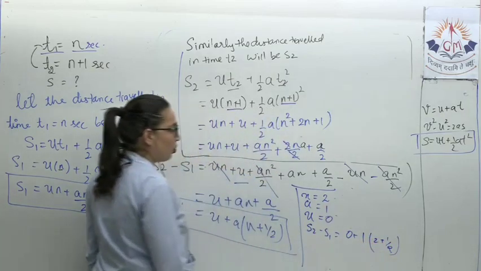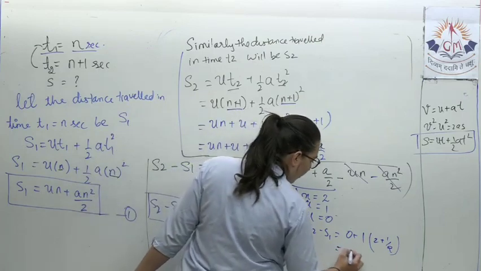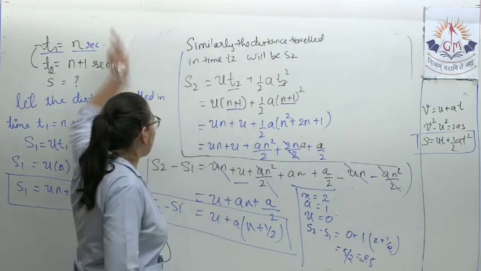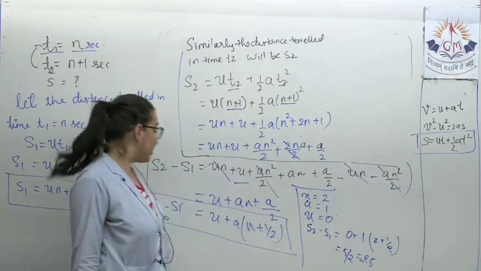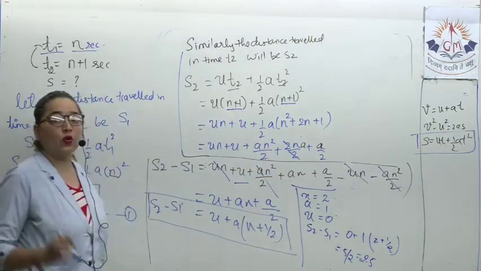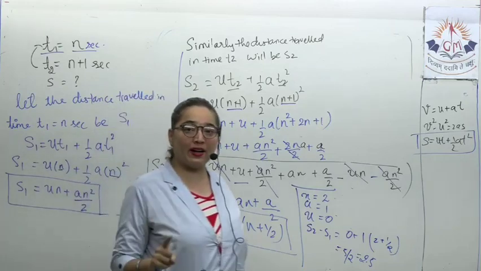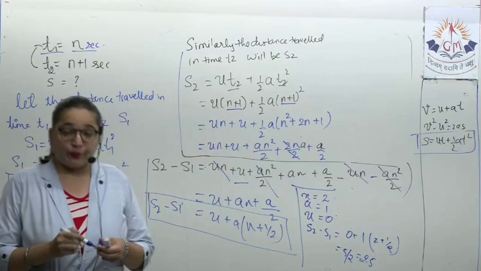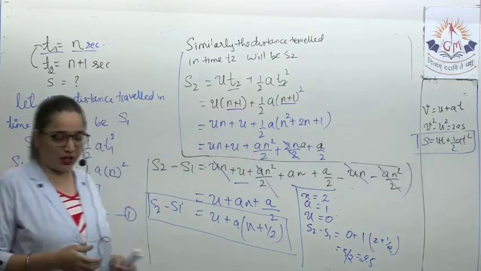That is 2 to the 4 plus 1, 5 by 2, 2.5. You don't need to carry out all this procedure. This is one shortcut trick to calculate the distance only for 1 second. This is the hard sum that I was saying in between. So, let's move further with the next particular numerical.